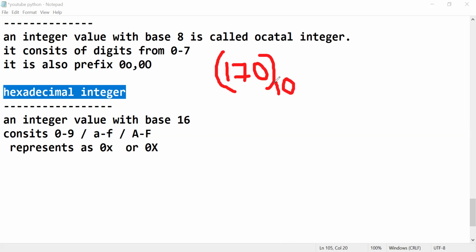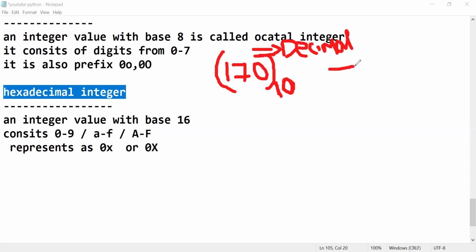A number with base 10 we call a decimal integer. I hope you know what a decimal integer is; we just discussed it.